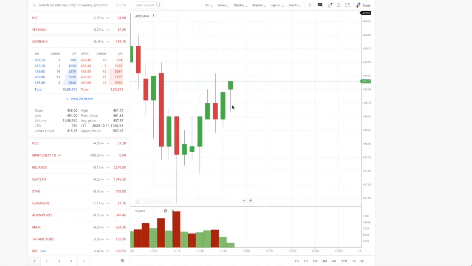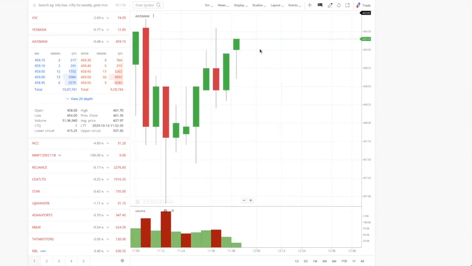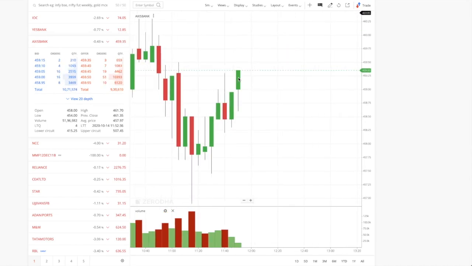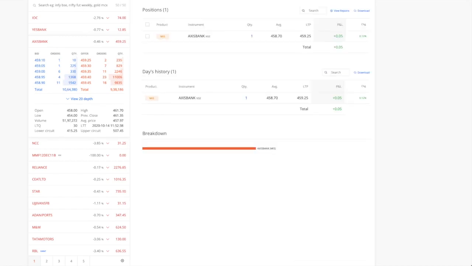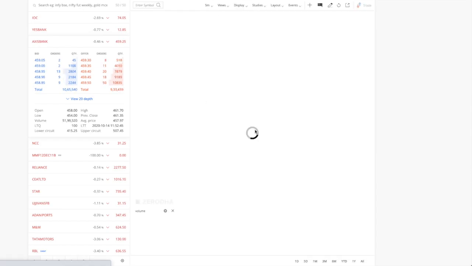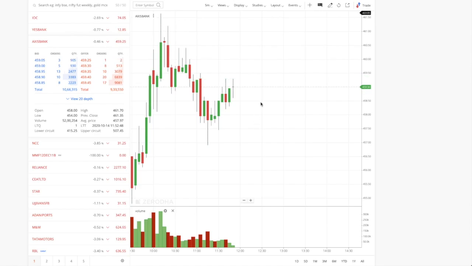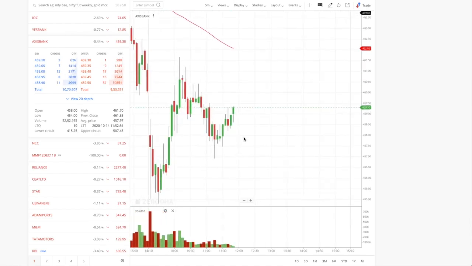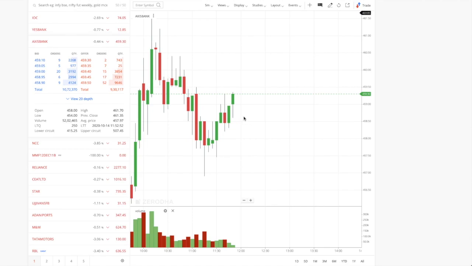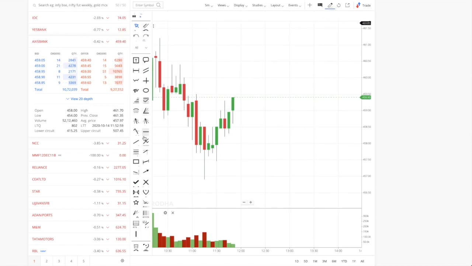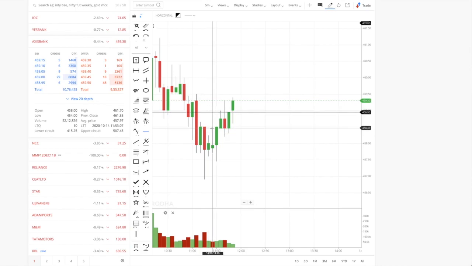When I'm purchasing something for 458.95, the price has actually picked up. Now let's say that since I purchased it at 458.95, I understand my view goes wrong once the price falls below 458.5.